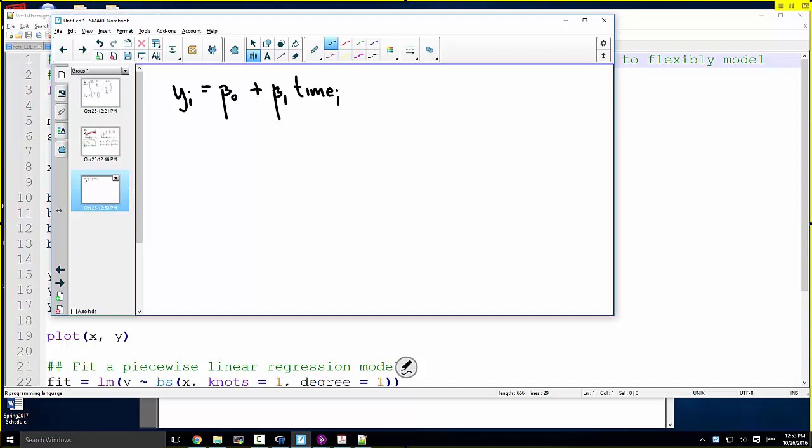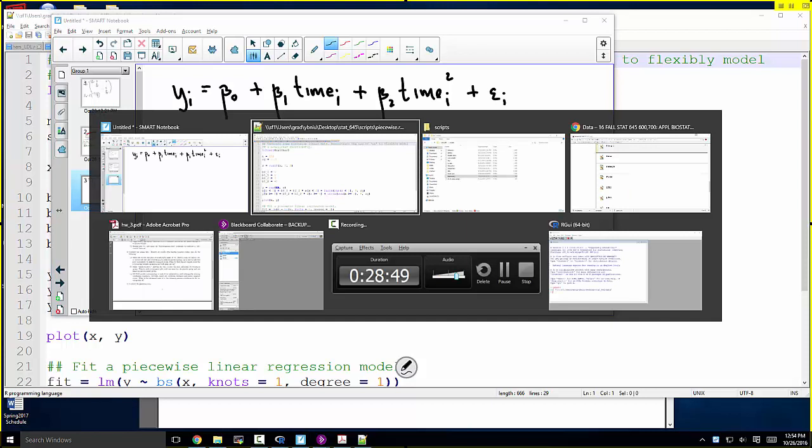That's going to assume there's a linear trend, a linear relationship over time. We could also add, say, time squared. That's a simple way to allow for there to be a curvy relationship in time. This is allowing for a quadratic relationship in time. You could keep increasing the order of the polynomials as well to make it more and more flexible. I'll show you a better way today.